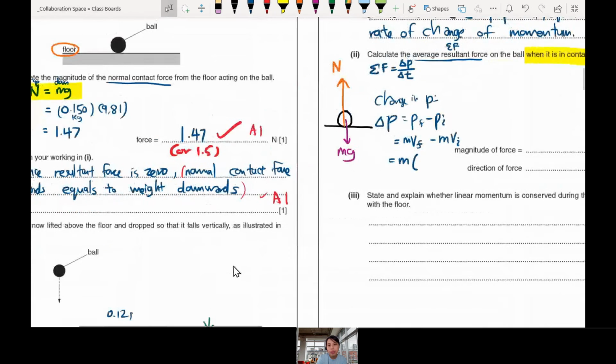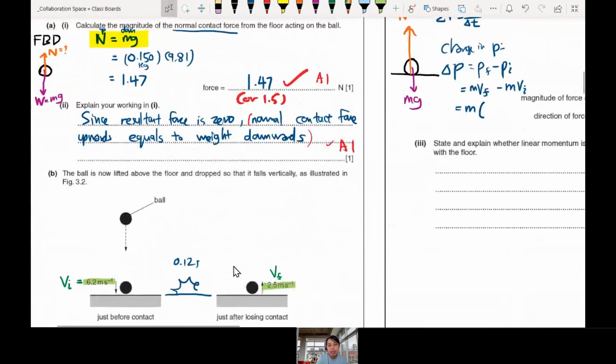So now we have to look at the diagram already. Okay, final velocity 2.5 minus initial velocity 6.2. I just minus like that. Wait. Oh, this is vectors. You have to choose a direction. So if I say upwards is positive, whatever is moving downwards has to be negative.